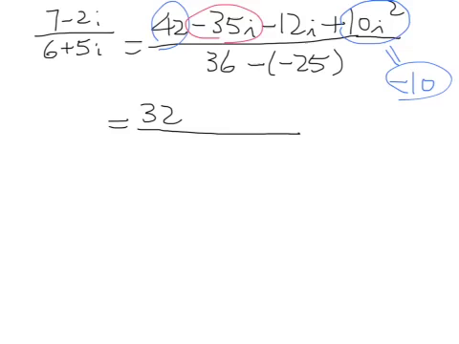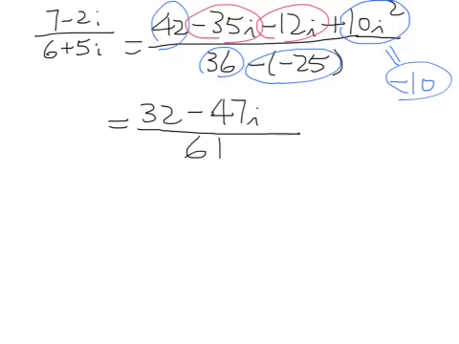Negative 35i minus 12i is negative 47i. Now finally, 36 plus 25 is 61, right?